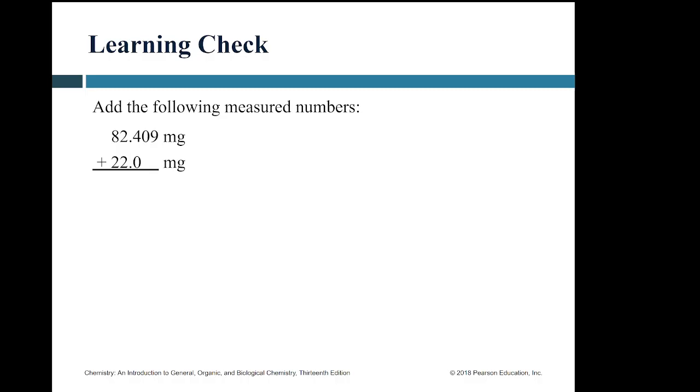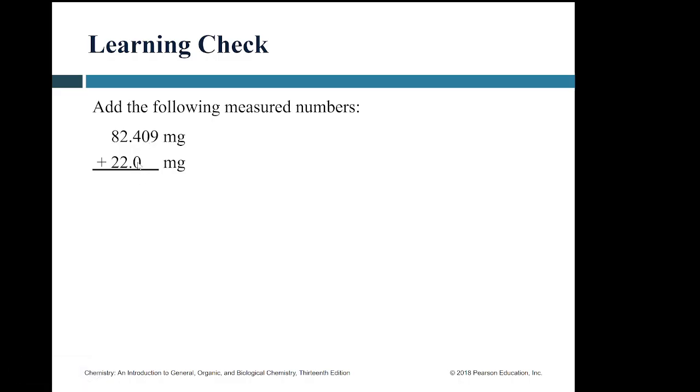Let's go ahead and add the following measured numbers. 104.409. Yep, that's what the calculator would say. And what would be the rounding? 104.41. So we're going to round to what place? Tenths.